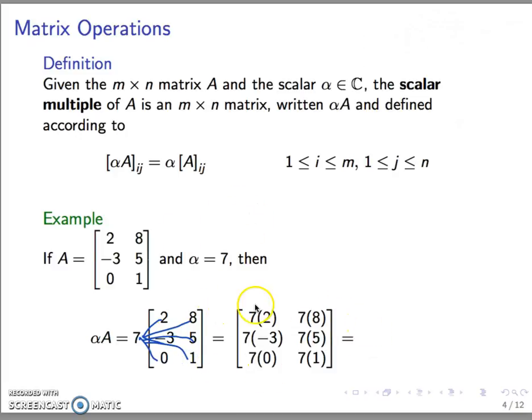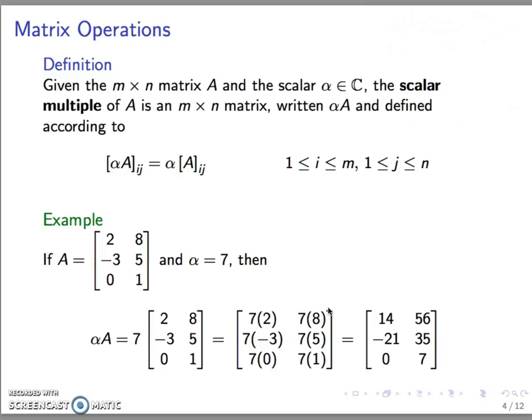And this is going to give 14 on row 1, column 1, and so on. That's how this number on row 1, column 2 results from multiplying the scalar times the entry that was previously located in that location, and so on and so forth.